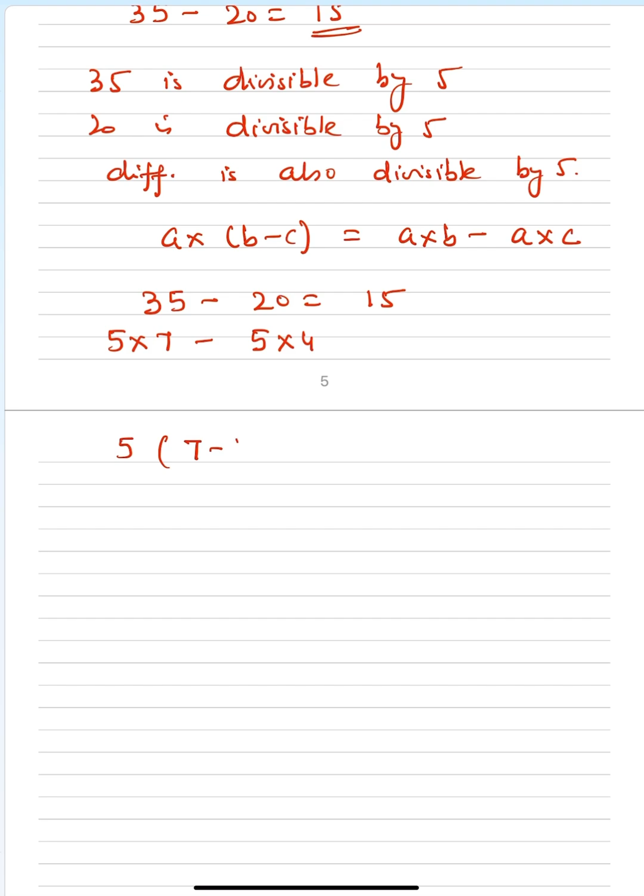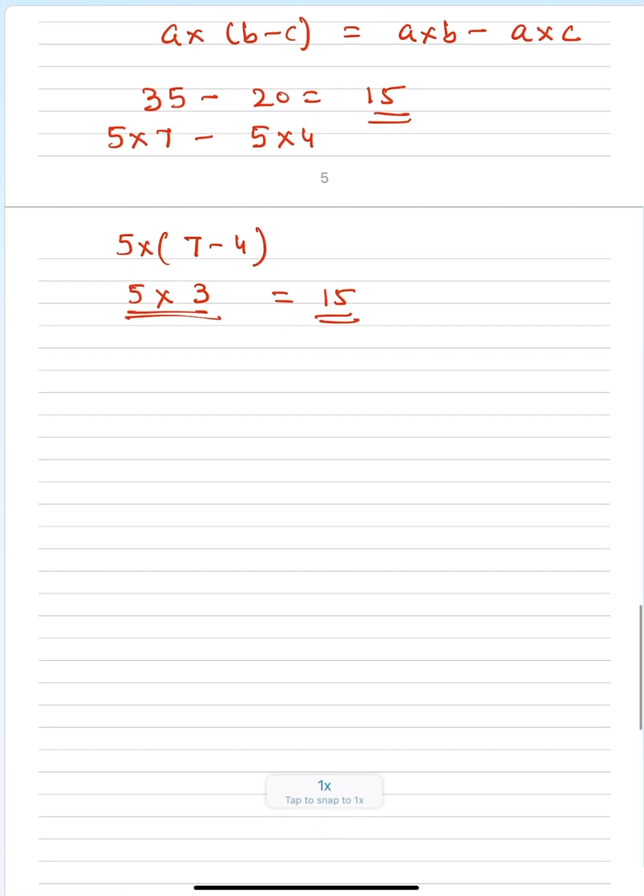In the bracket I will get 7 minus 4, and this is nothing but 5 into 3, which is 15.